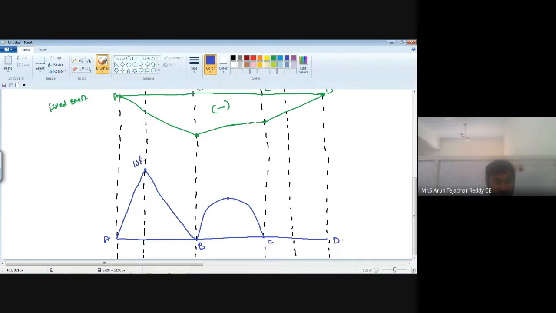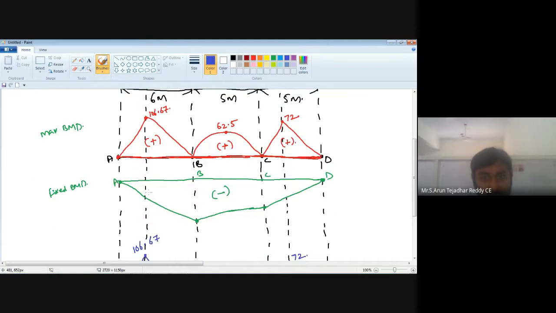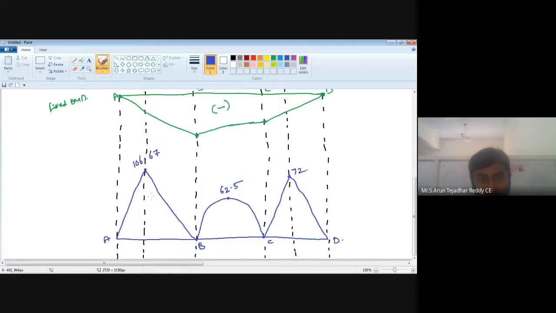Write down values also clearly: 106.67, 62.5, and here we have 72. So this is the first diagram. Whatever the diagram we are having here, I have drawn here.